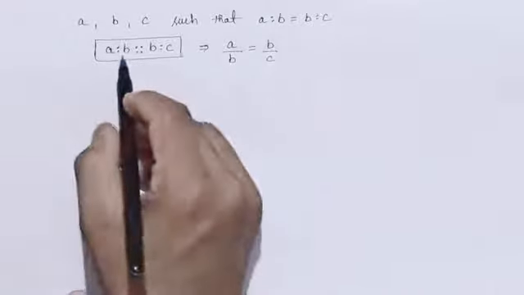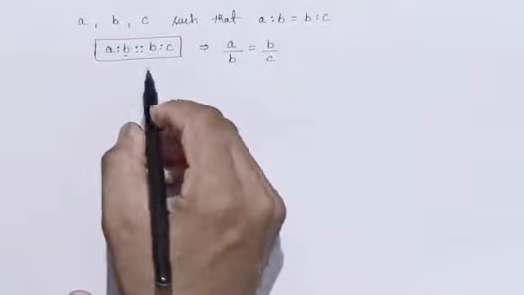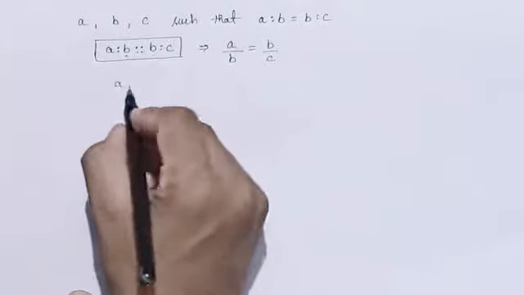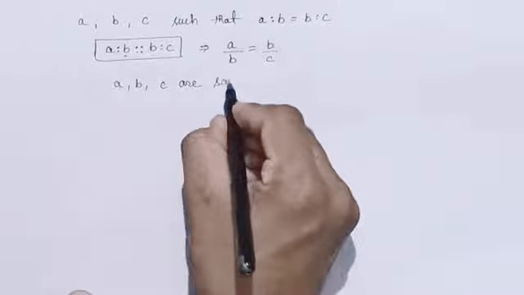Why? Because you can see the second and the third term are both the same. That's why A, B and C are said to be in continued proportion.